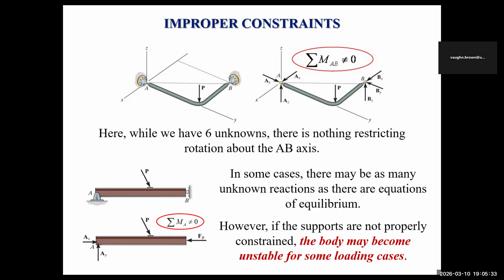So you can see the reaction drawn here. So it says the sum of the moments at A is not equal to 0. So if the supports are not properly constrained, the body may become unstable for some loading cases. So this is typically an unstable loading situation, right?